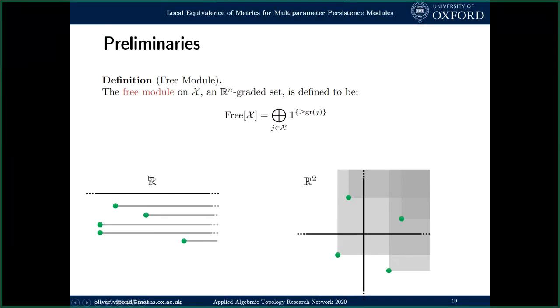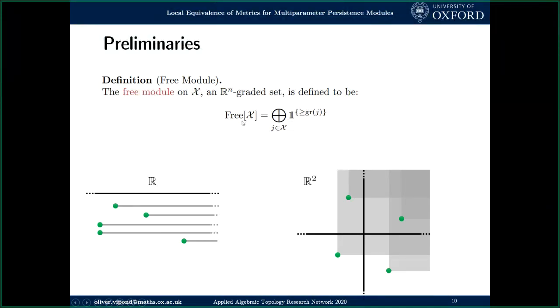So in the one parameter case, a free module just looks like infinitely long bars starting at various grades corresponding to the grades of this graded set. And in the plane, free modules just look like these cones extending out to infinity on the collection of points.